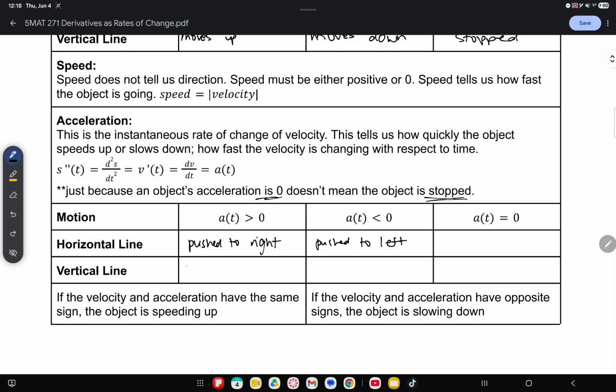If we're talking a vertical line, this would be pushed up and pushed down. Now, if the acceleration is 0, all that means is the velocity does not change. And I'll put that here too. Velocity does not change.